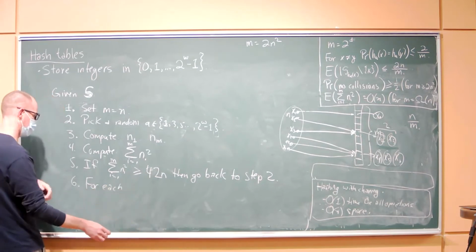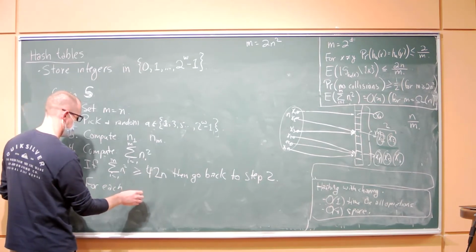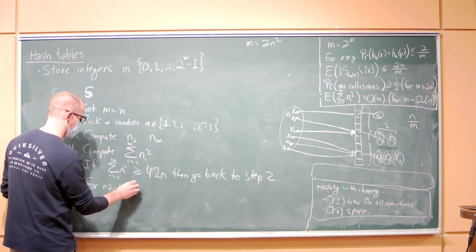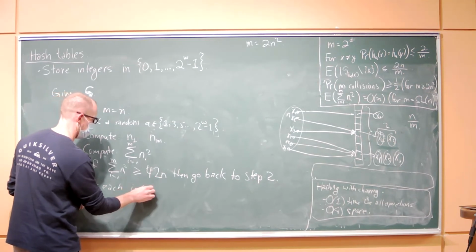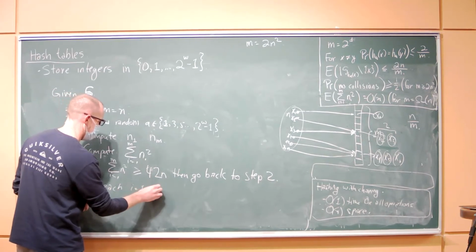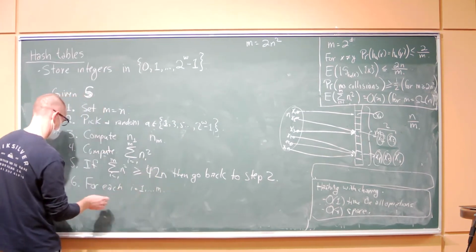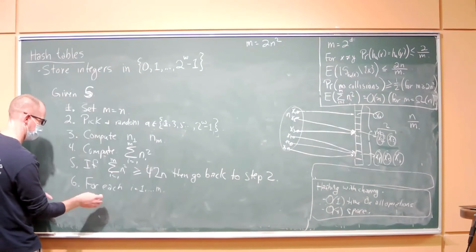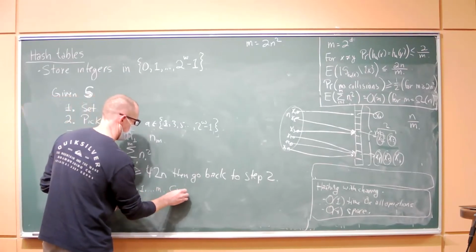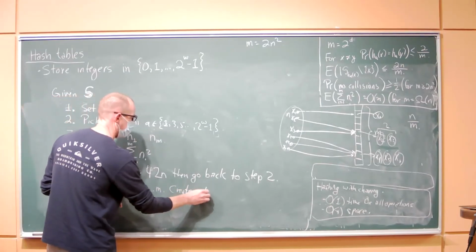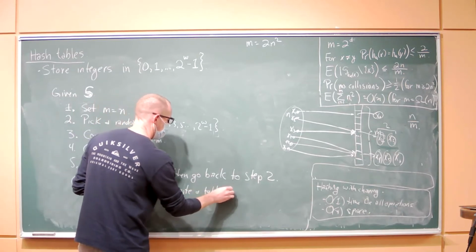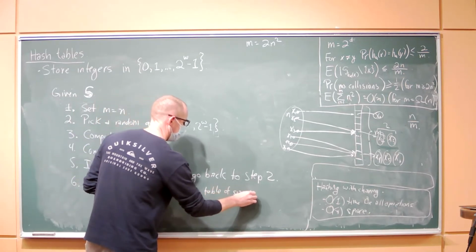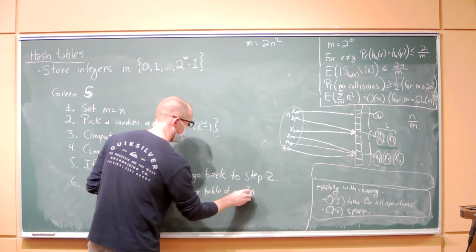For each i equals 1 to m, create a table of size, what did I say, 2 n_i squared.